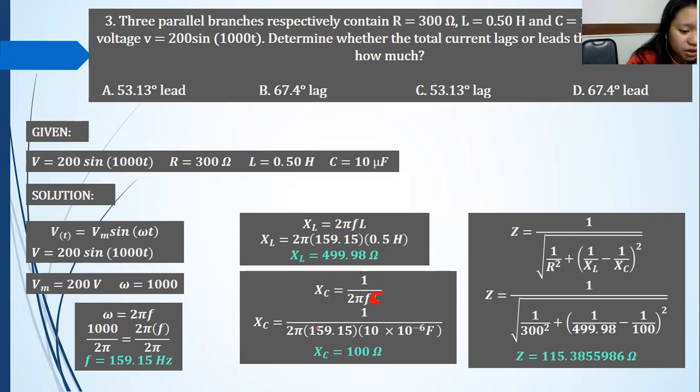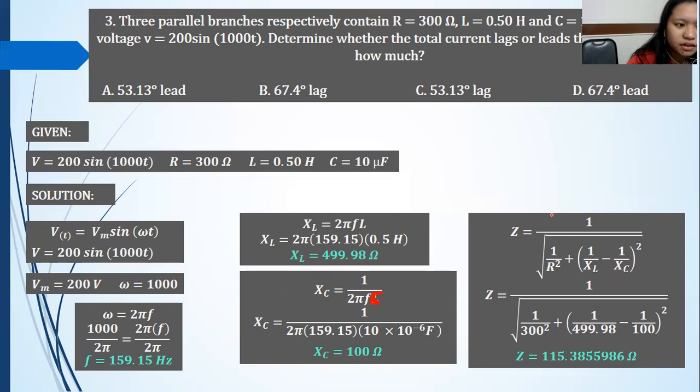So 1 over 2 pi times the frequency, 159.15, and then our C is 10 times 10 to the power of negative 6 farad. Since it is micro, we have here negative 6. Computing it using the calculator, we'll have the answer of 100 ohms. So that is the value for XL and our XC.